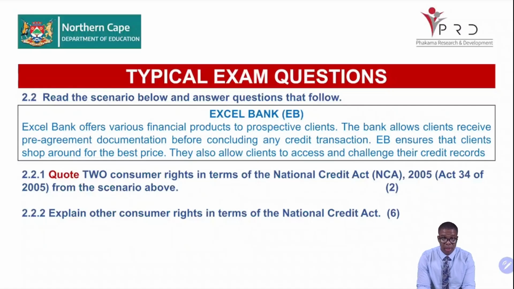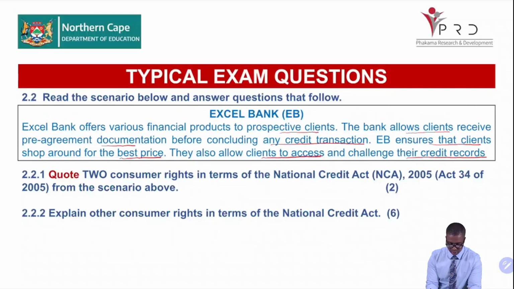We have Excel Bank, EB. Excel Bank offers various financial products to prospective clients. The bank allows clients to receive pre-agreement documentation before concluding any credit transaction. EB ensures that clients shop around for the best price. They also allow clients to access and challenge their credit records.